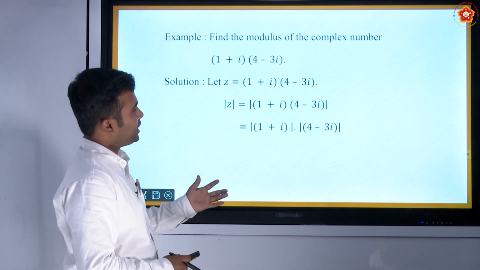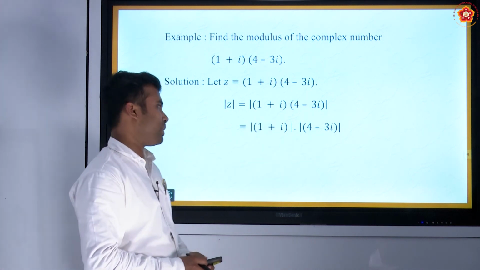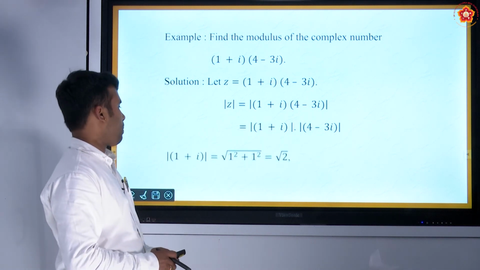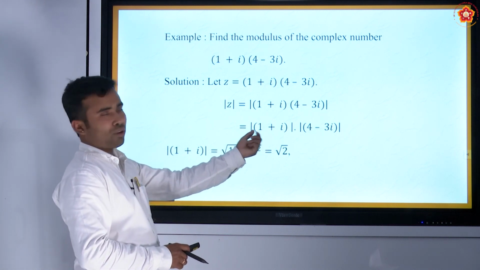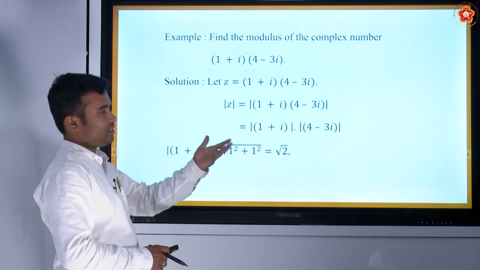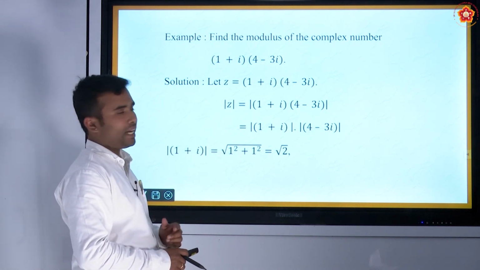By the property we can express it as modulus of 1 plus i into modulus of 4 minus 3i. So now we have to find the modulus of 1 plus i, as well as the modulus of 4 minus 3i.